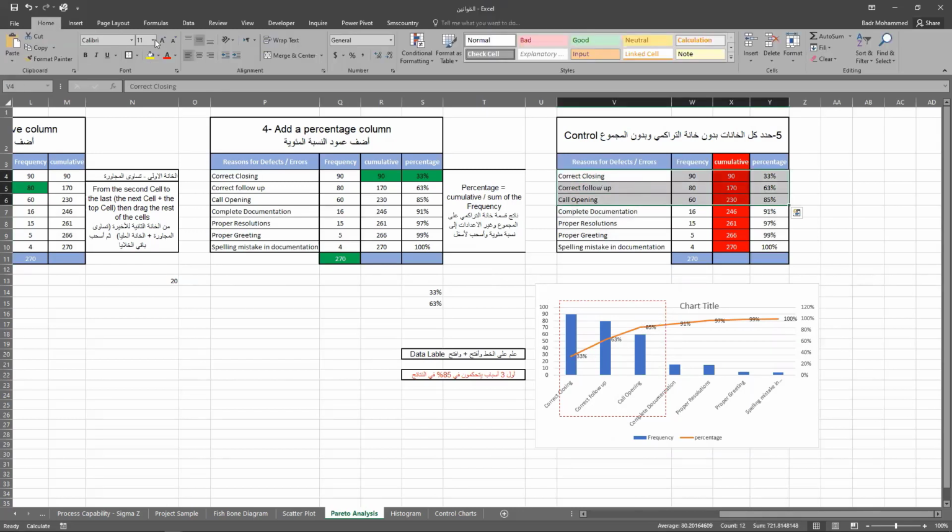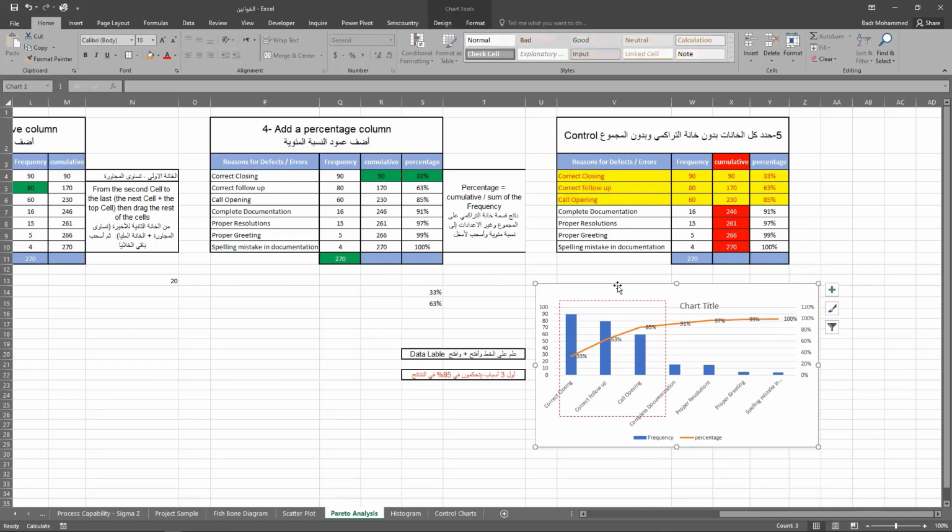So these 3 are actually making your problem. This is the 20 out of 80. So now it tells you this is the root cause of your problem. What you need to do is just fix these 3 things and your problem will be solved.